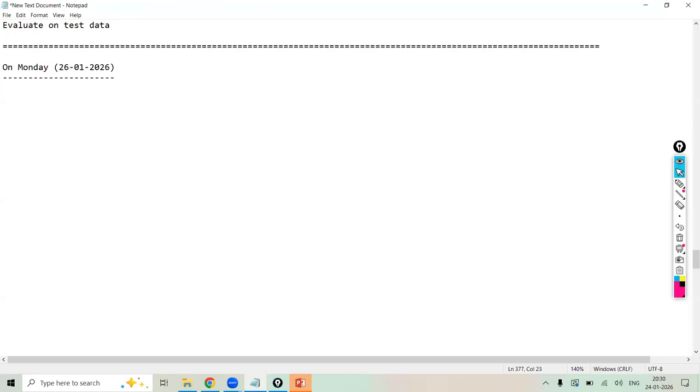So on Monday, 6 p.m., again 6 p.m. only, we'll complete the regularization and the entire regression. The theory part of the regression has to be completed, so regression will be completed on Monday at 6 p.m., same as today's schedule.